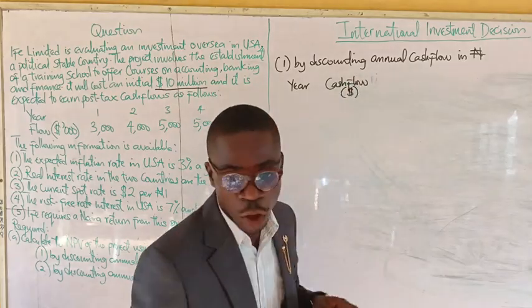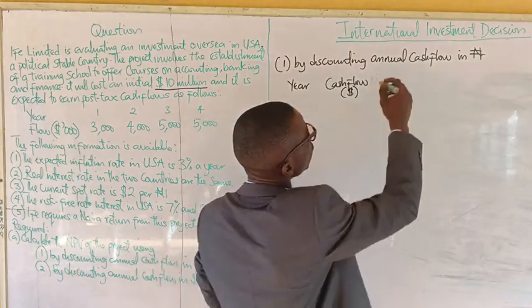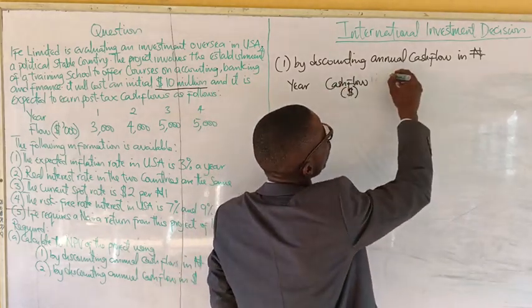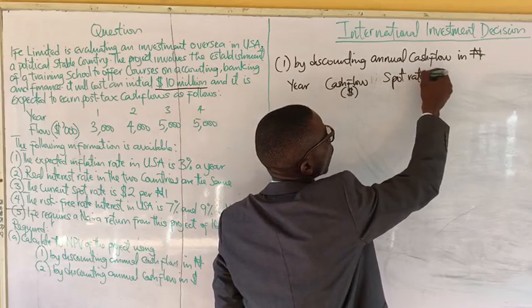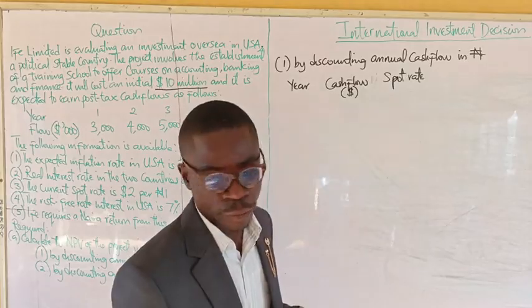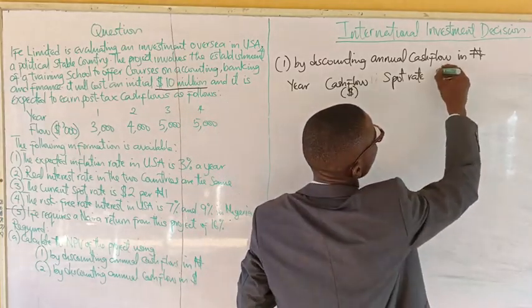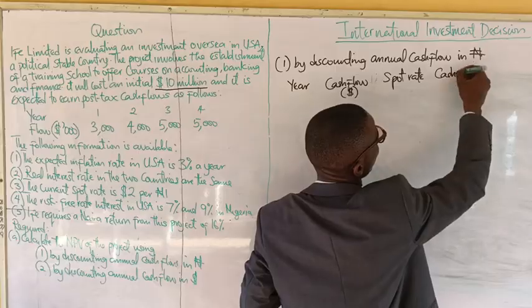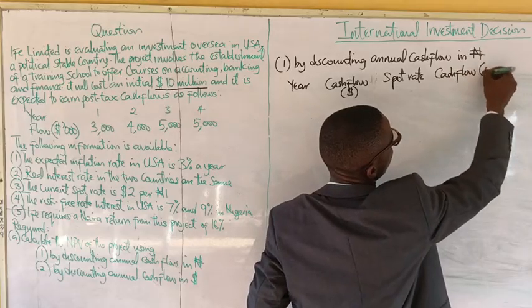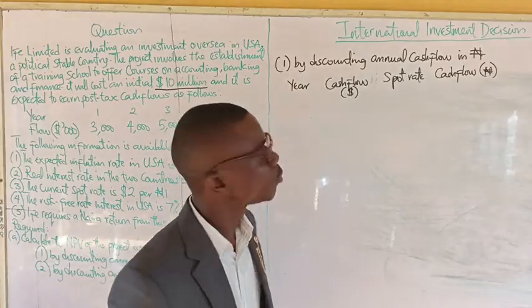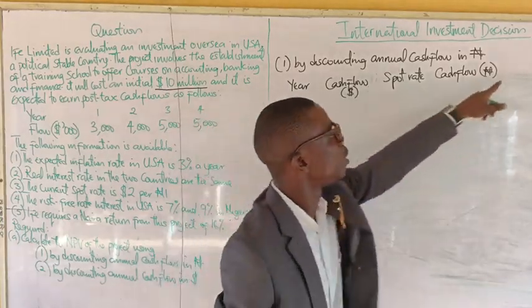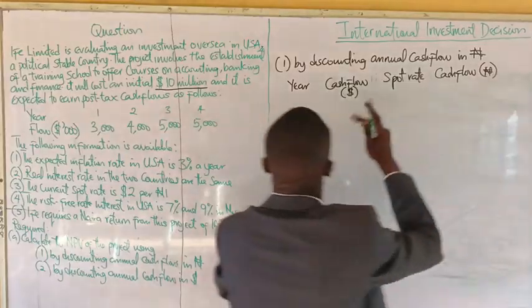So after we have calculated the spot rate for each of the years, we now calculate the cash flow in naira. Let's do that first before we now calculate the NPV. So let us do that.